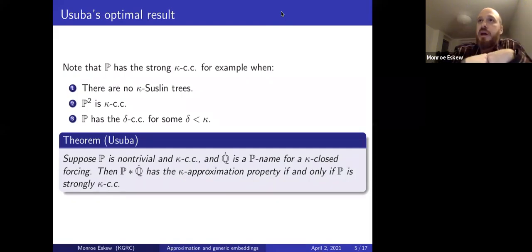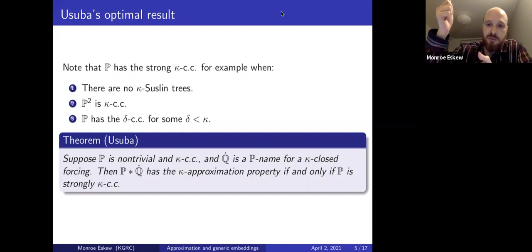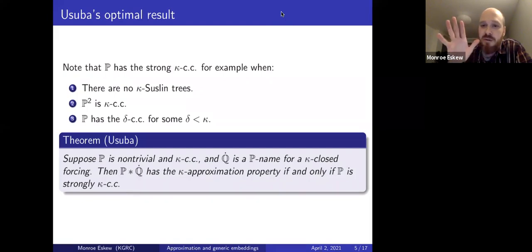And then he says, if you look at the decisions that the generics make for this set you added, just the partial decisions before you force with Q, then you must be adding a branch through that tree after forcing with P. But this assumption is that P doesn't add branches to kappa Suslin trees. Yeah, so this is how the argument works.